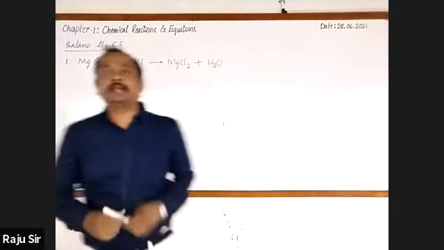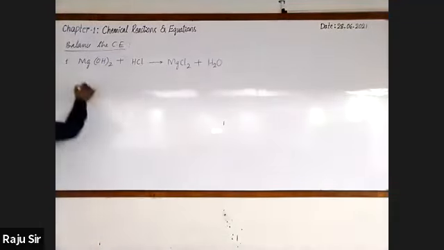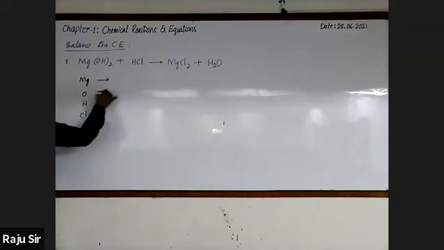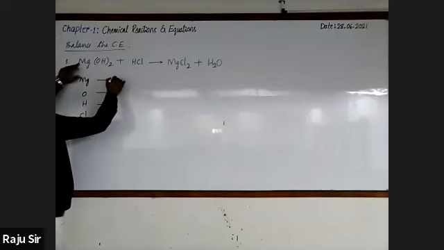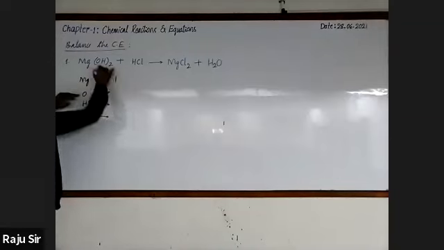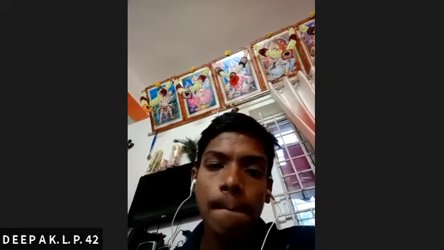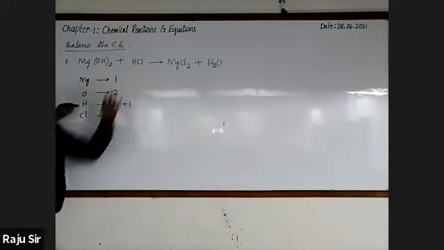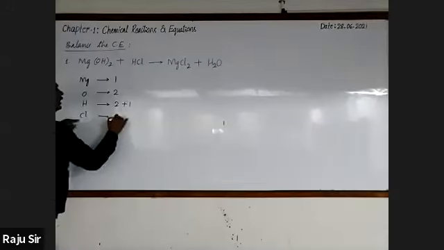Let's go for balancing it. Take the elements one by one: magnesium, oxygen, hydrogen, chlorine. On the LHS, the reactant side, the number of atoms: magnesium 1, oxygen 2, hydrogen 2 plus 1, 3, and chlorine only 1 atom.